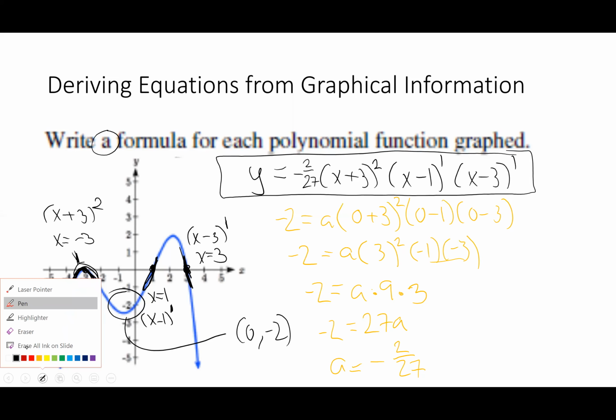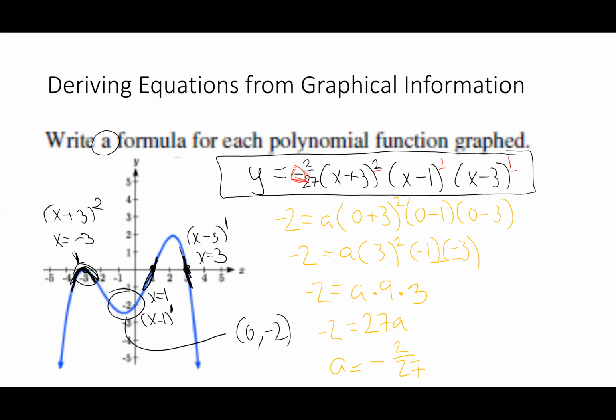Now, let's think about this a value being negative. Does this a value being negative seem okay? I would say so, because if the a value is negative, and look at the degree, 2 plus 1 plus 1 is 4, so the degree is 4, and the a value is negative. So since it's even, both arrows are either going up or down.